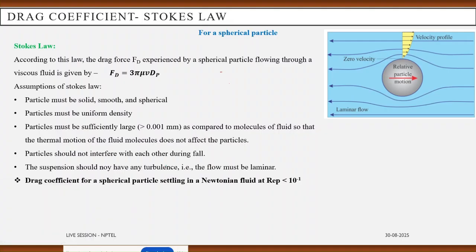So here we have Fd equals this for a Stokes law regime.